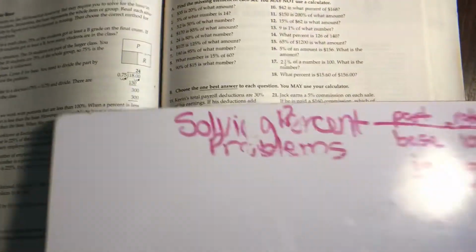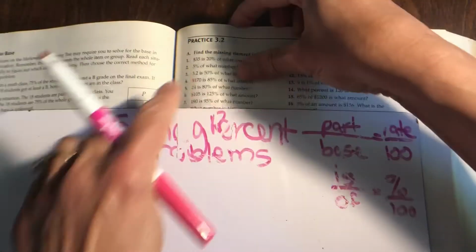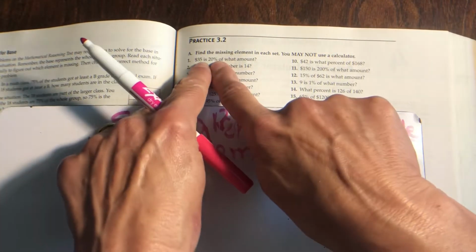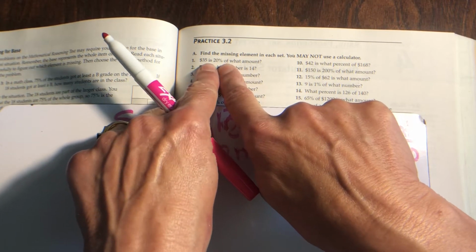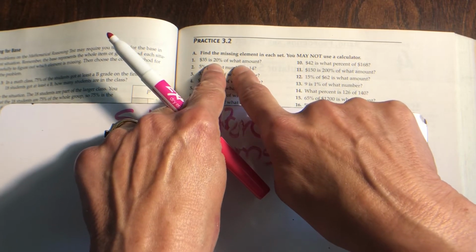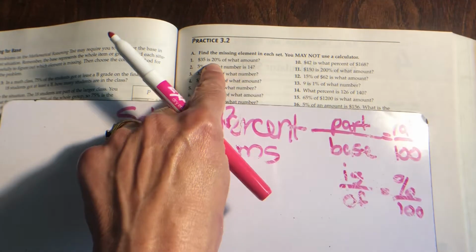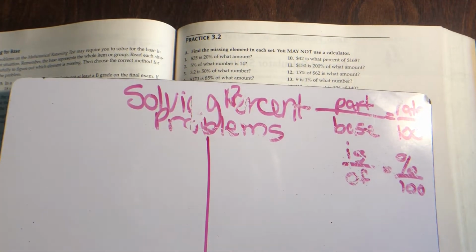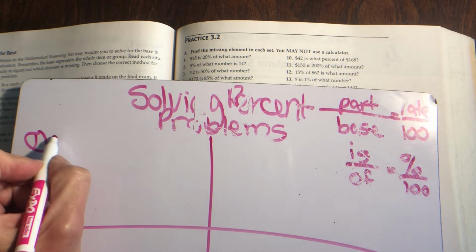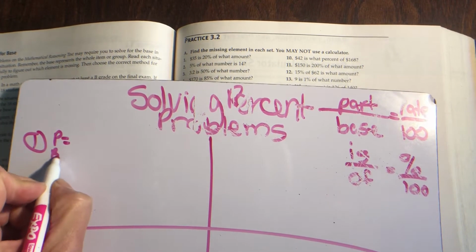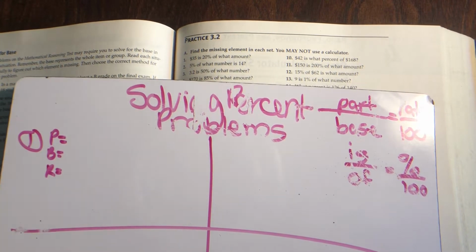So we've got, $35 is 20% of what amount? Notice my word is. So we've got our page set up, and we're doing number 1. And we're going to go ahead and do P equals, B equals, R equals.